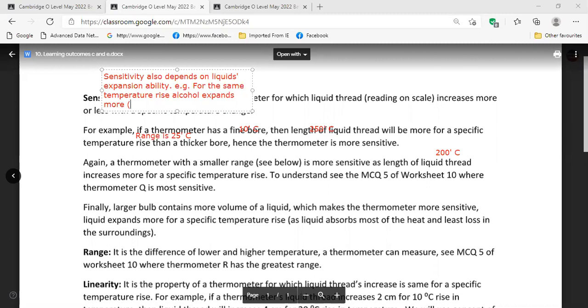In brackets you write liquid thread or liquid level rise.